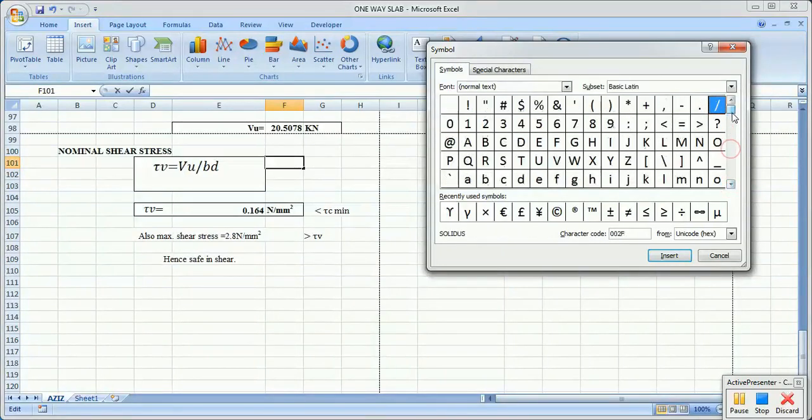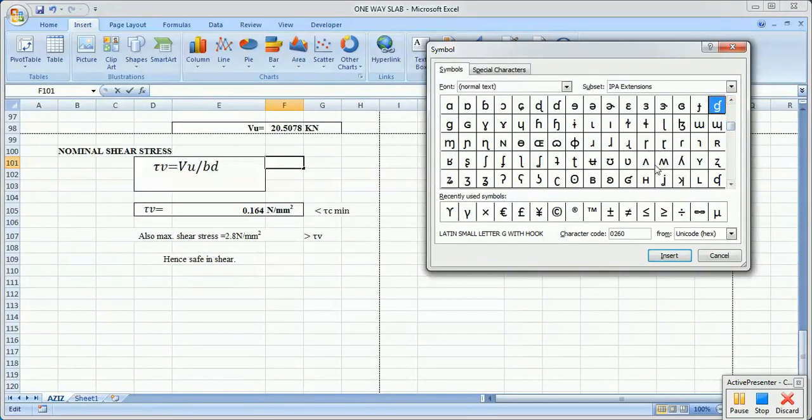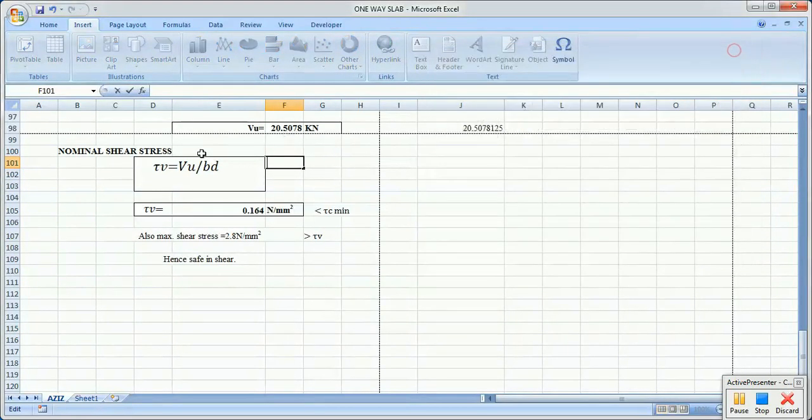Right now we don't have that much time, so we'll go ahead. Here you can search and you will get the symbol of tau. So tau v is equal to Vu by BD.